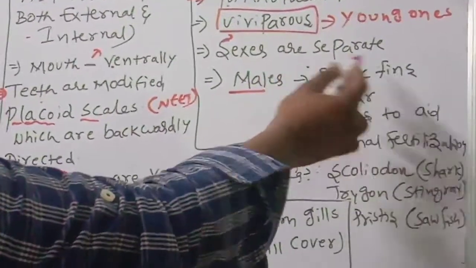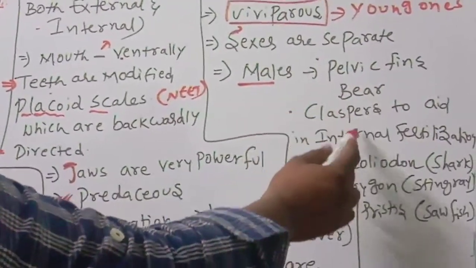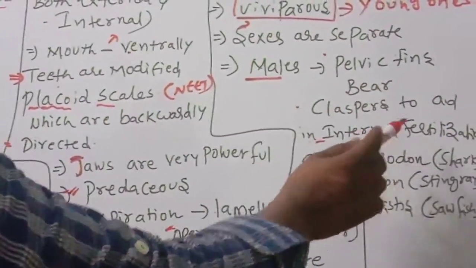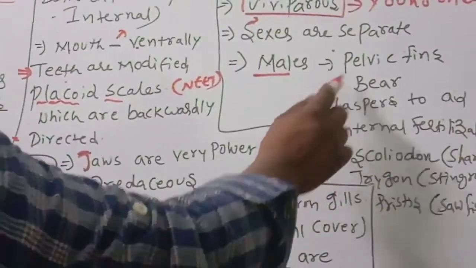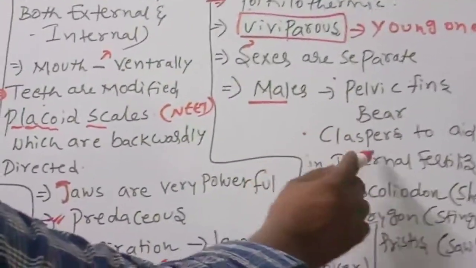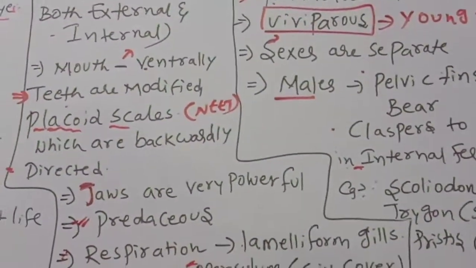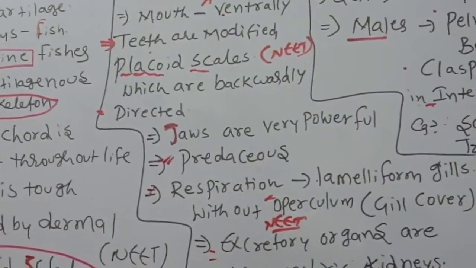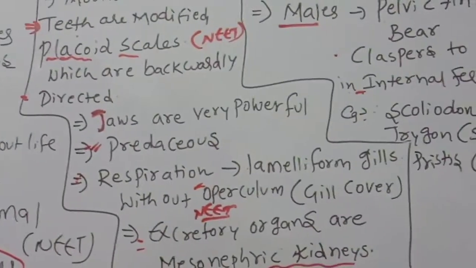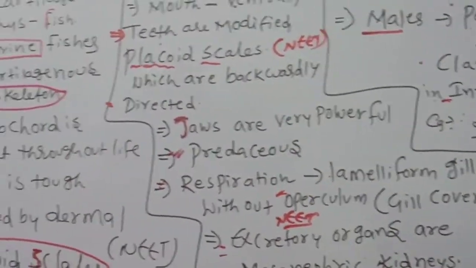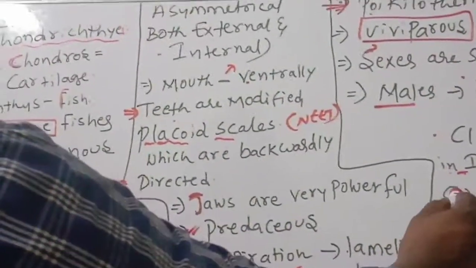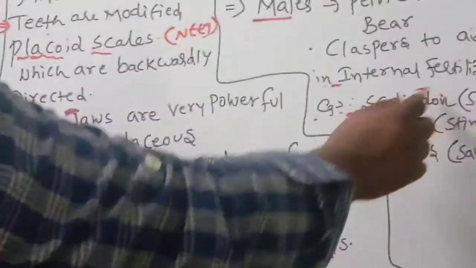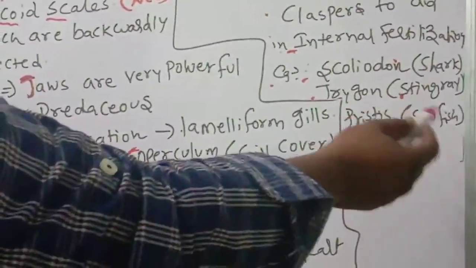Males have pelvic fins that bear claspers to aid in internal fertilization, meaning fertilization happens inside the body. Examples: Scoliodon, shark; Trygon, stingray; Pristis, sawfish.